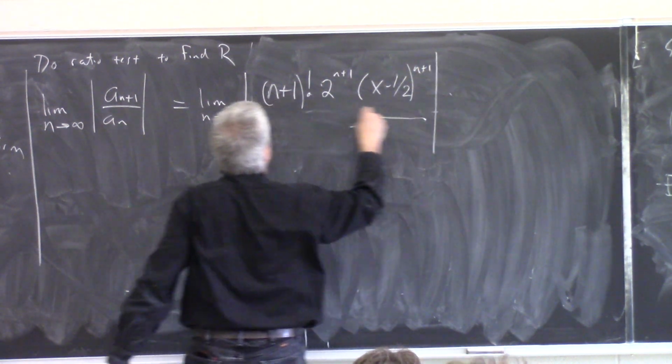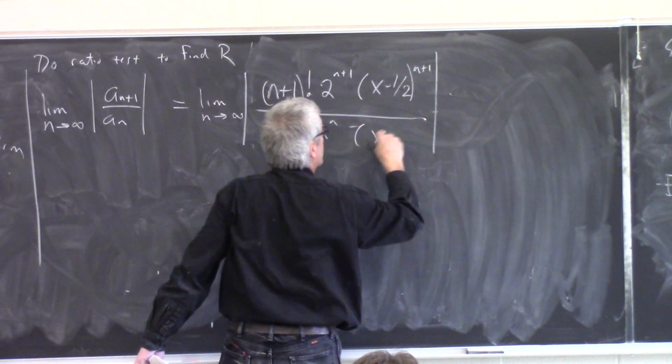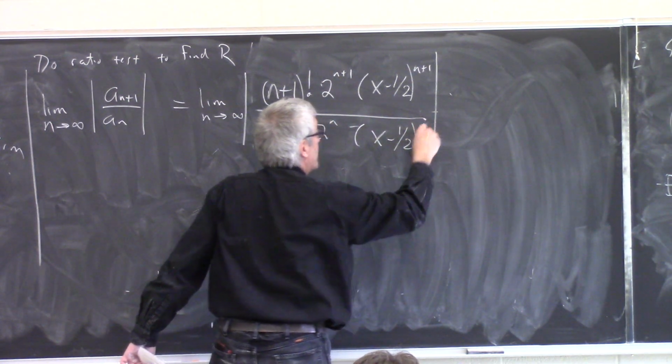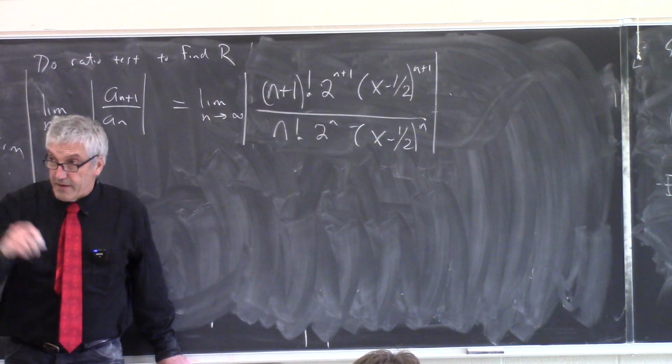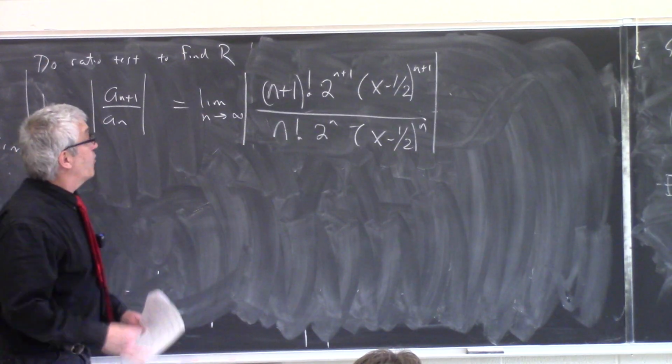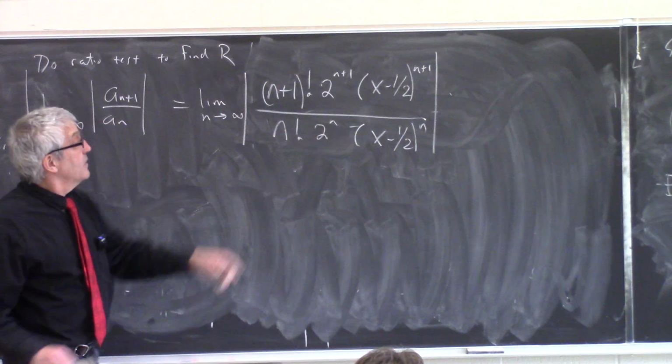And on bottom, n factorial 2 to the n, x minus 1/2 to the n. Okay, here we get to use that fact about factorials from the sideboard. n plus 1 factorial divided by n factorial is just the number n plus 1.